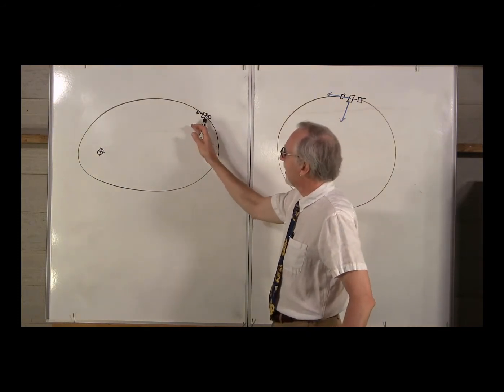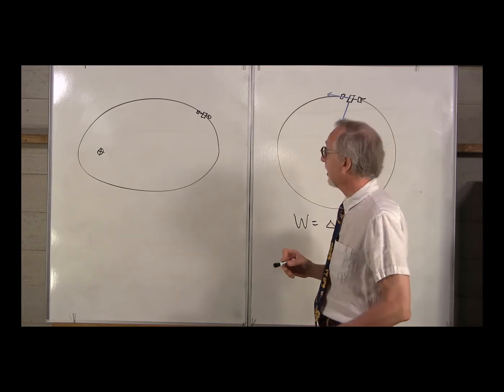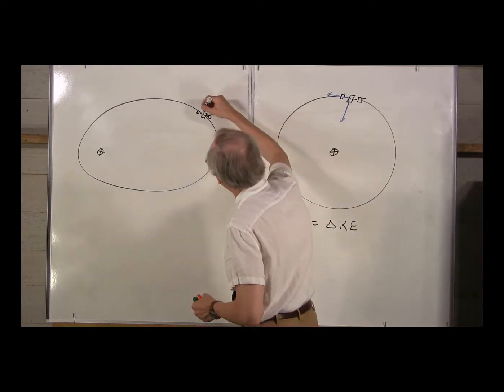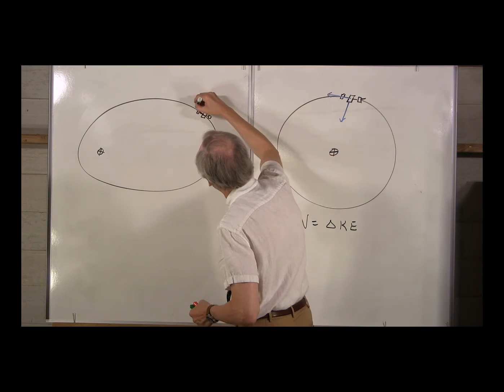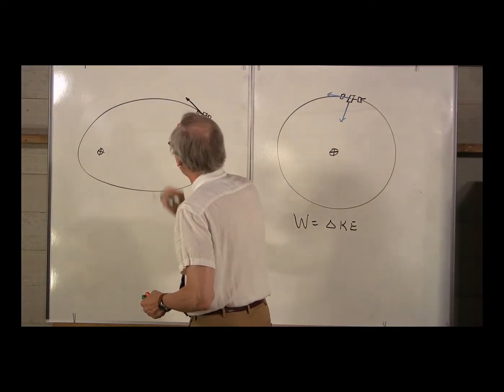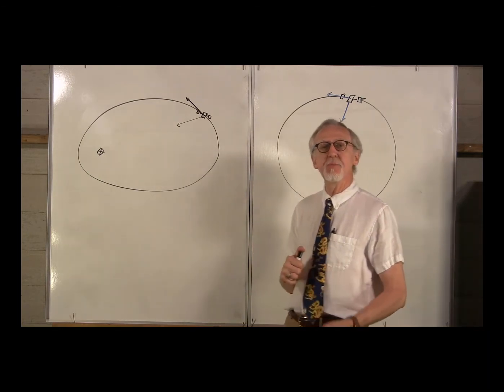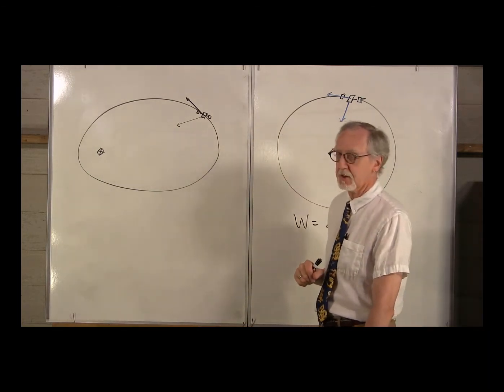Let's think about this. Let's imagine our satellite is up here. What kind of effect is the force going to have in this case? Well, the displacement, again, is tangent to the orbit, while the force is always toward the Earth. In this case, the force and the displacement are not perpendicular.